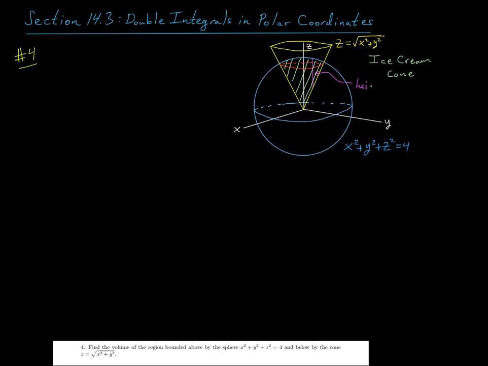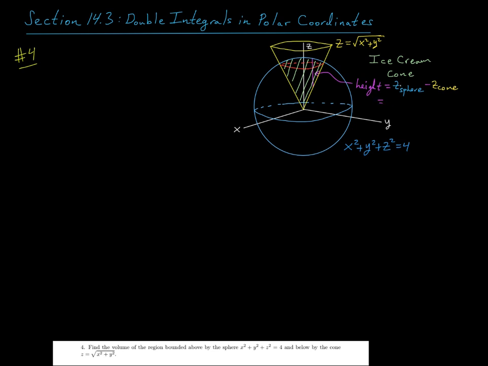So for the height, well, it's just going to equal the z height on our sphere minus the z height on the cone. Okay, and so that's going to equal what?